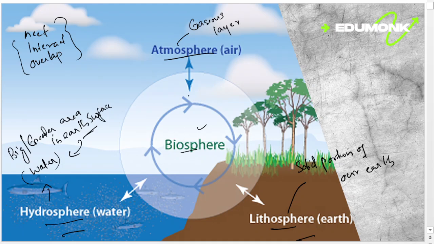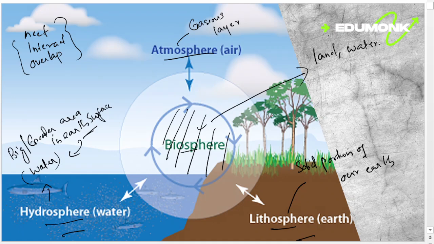Then the final one, the meeting, interacting, and overlapping area, is called the biosphere. This is the area where land, water, and air are together found. This is known as the biosphere.